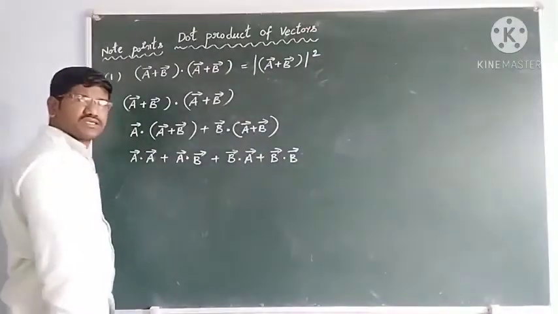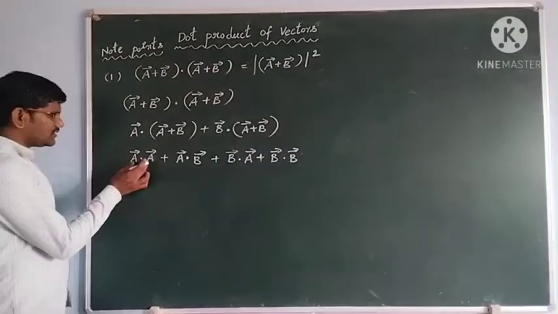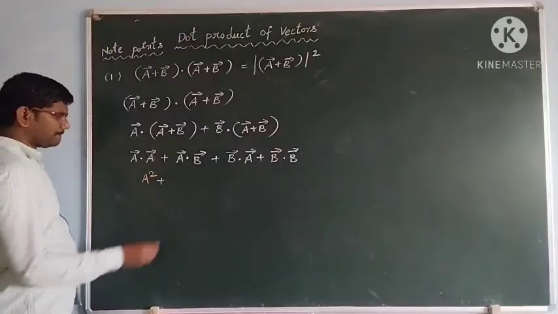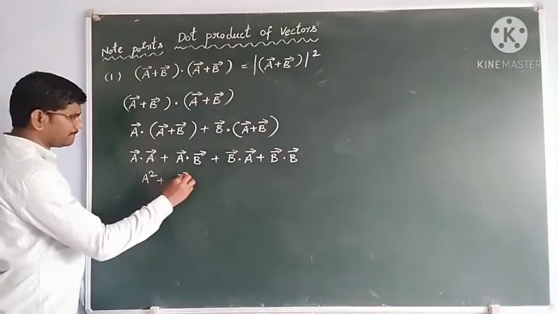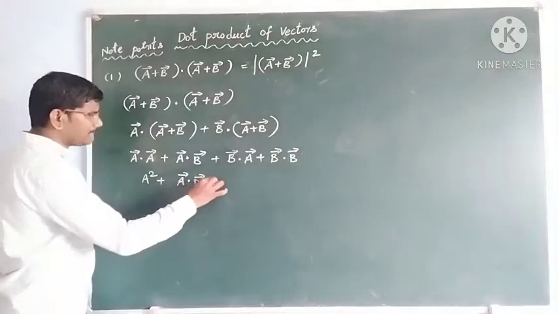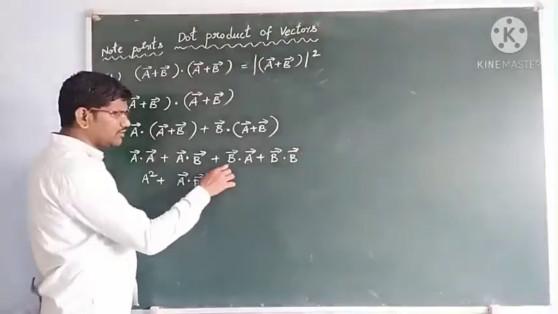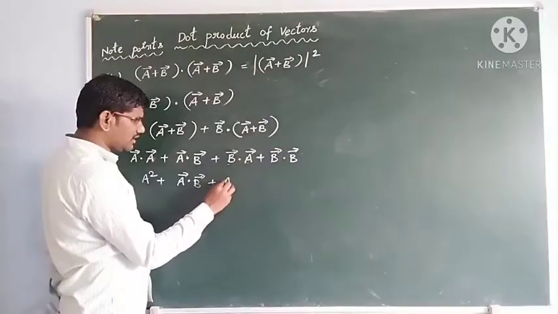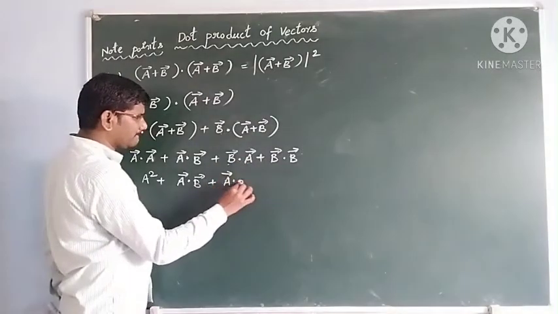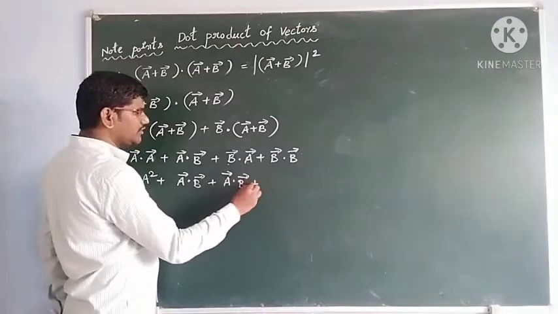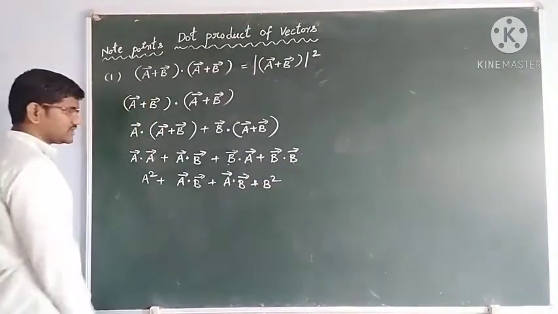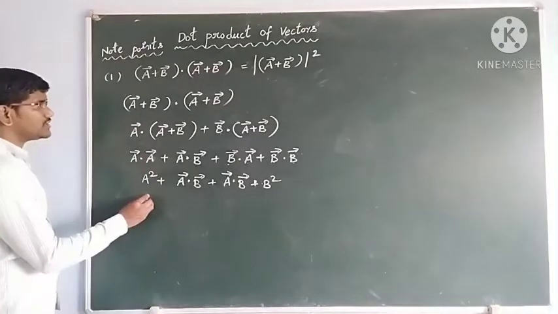Okay students, now what will happen? Since A bar dot A bar is equal to A square, and A bar dot B bar plus B bar dot A bar, the dot product is commutative. B bar dot A bar is the same as A bar dot B bar, you can write it. The dot product of a vector with itself is equal to the square of the magnitude of the vector. Then how much did you get?